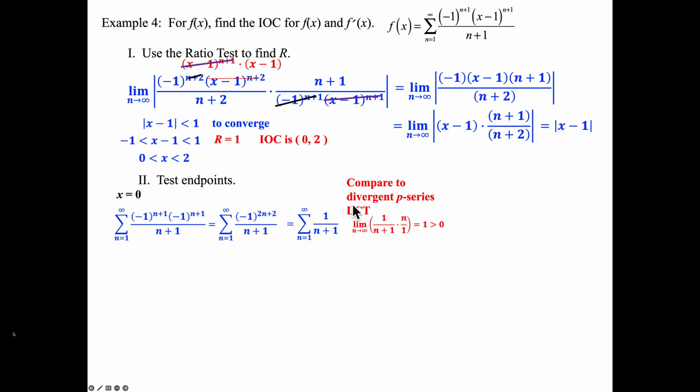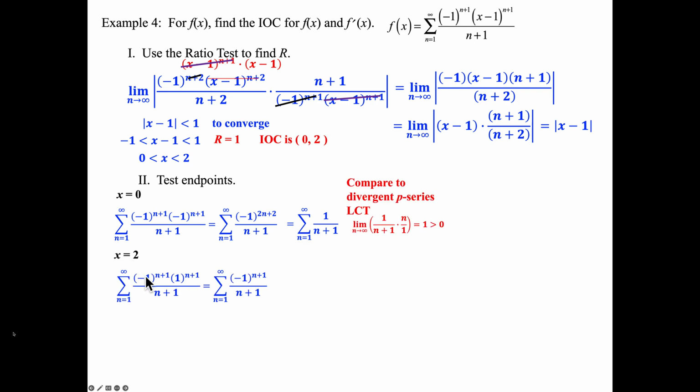So if we do a limit comparison test, take the limit as n approaches infinity of our sequence function, 1 over n plus 1, divided by what we compared it to, 1 over n, or multiply by n over 1, you're going to get n over n plus 1, which has a limit of 1, which is true. That's greater than 0, so therefore that verifies that the original 1 over n plus 1 is going to diverge as well. So that endpoint stays open.